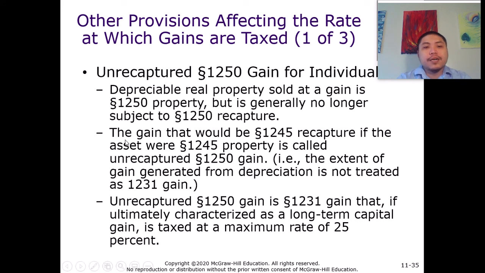So for individual taxpayers, or for taxpayers who have flow-through entities, the gain from the sale of Section 1250 real property, so the gain from the sale of a building, let's just say, that would be 1245 recapture if the asset were 1245 property, is called unrecaptured 1250 gain. And this gain generated from depreciation is not treated as Section 1231 gain. So basically, assume for a second that the building is treated as a 1245 asset.